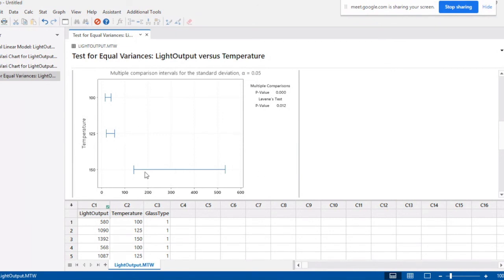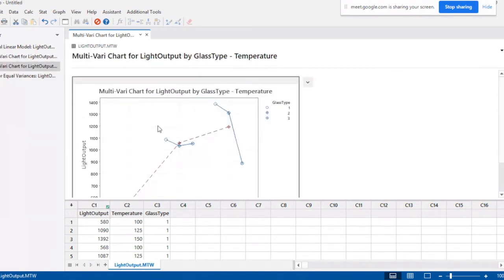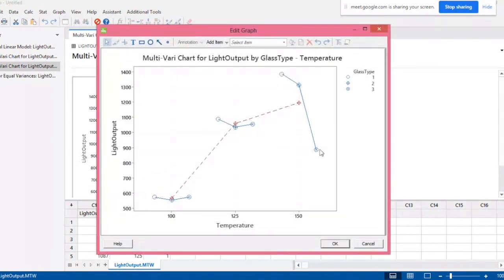The spread is not equal. The spread is more for 150, which is evident in your multi-vari chart also. Here in the multi-vari we can see for 150 we have a lot of variation, whereas for 100 and 125 there is less variation.